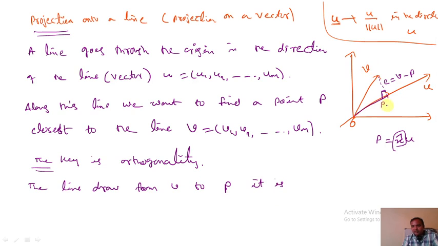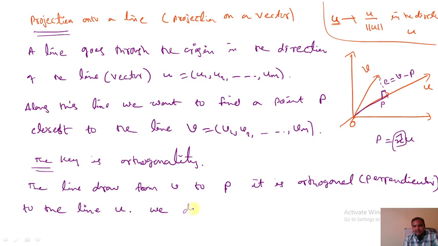When we draw from v to p, it is orthogonal, or you can say perpendicular, to the line u. We denote this line as the error, e.